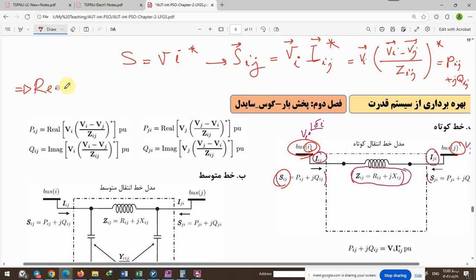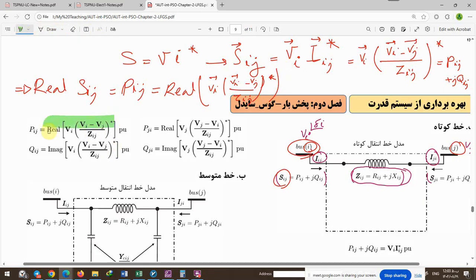The real part of Sij means Pij, and it is the real part of Vi times Vi minus Vj over Zij conjugate. You can see here. The reactive power is the imaginary part of the terms we wrote about.